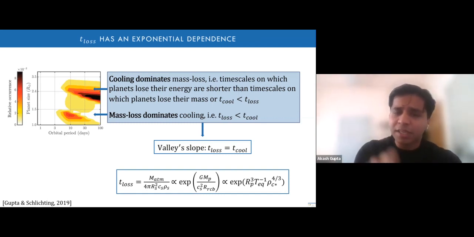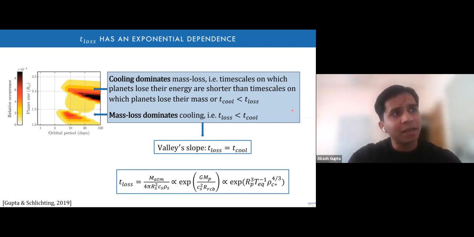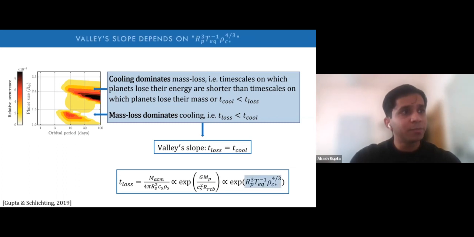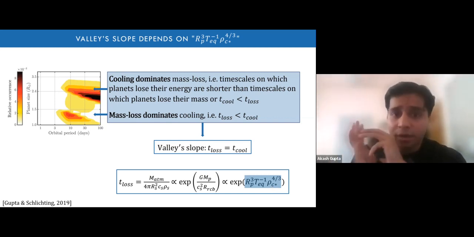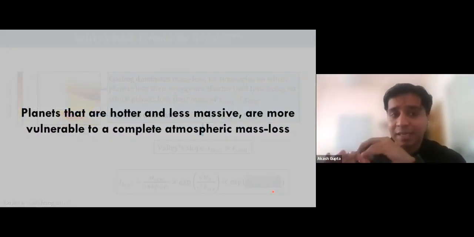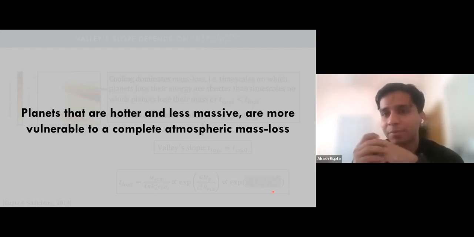What that means is that how this equality depends on different parameters really boils down to the expression in the exponential for the mass loss timescale, which is basically this: planet size cubed times equilibrium temperature inverse times rho c star to the power 4/3, where rho c star represents the composition of a planet's core. In a nutshell, this expression is telling us that planets that are hotter and less massive are more vulnerable to complete atmospheric loss.